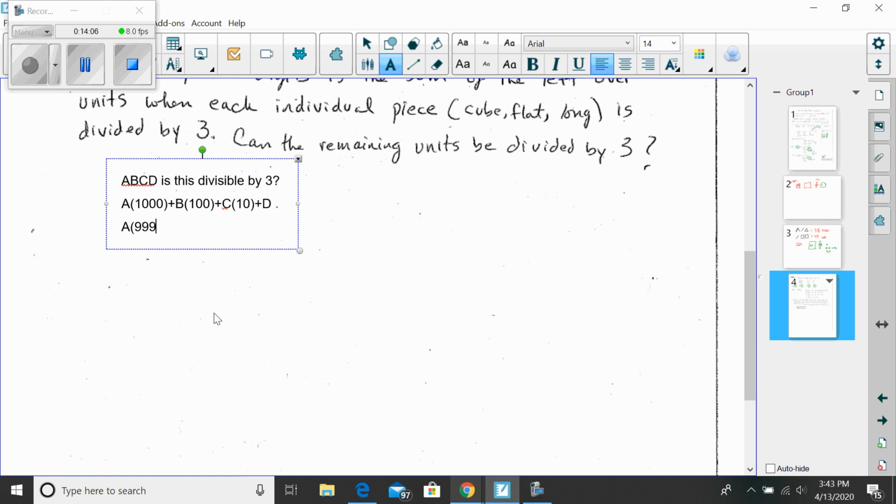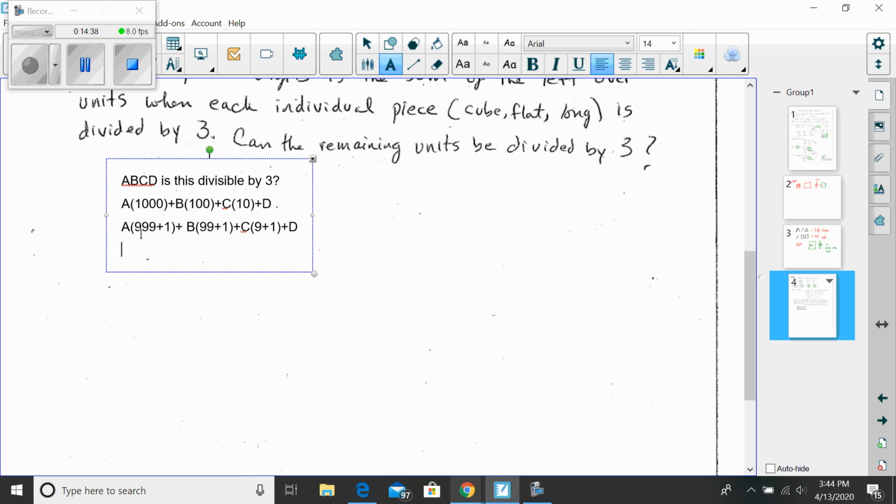So back to a text box. I'm going to write A times 999. I'm going to group all the stuff with the 9s together. Times 9 plus, and then when I distribute, I would just get A times 1, B times 1, C times 1, and then my D dragging along at the end.